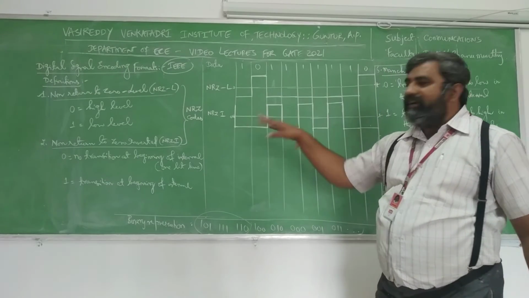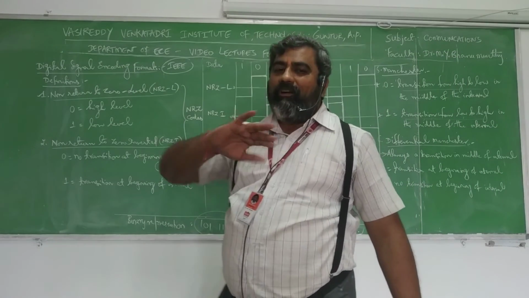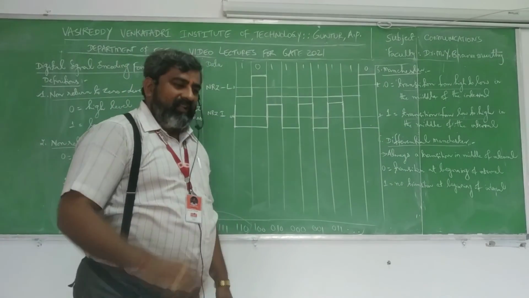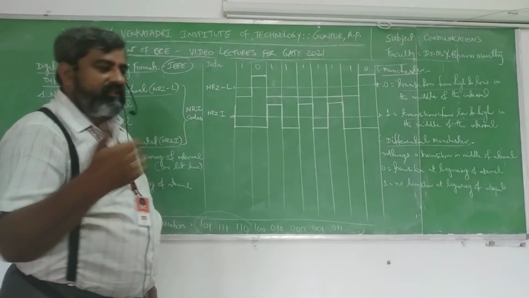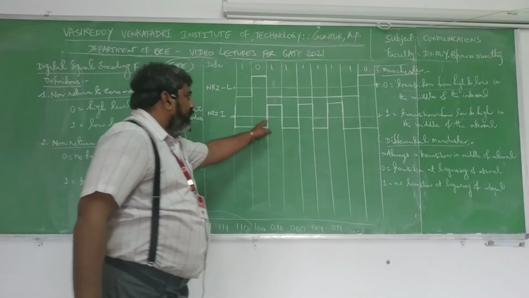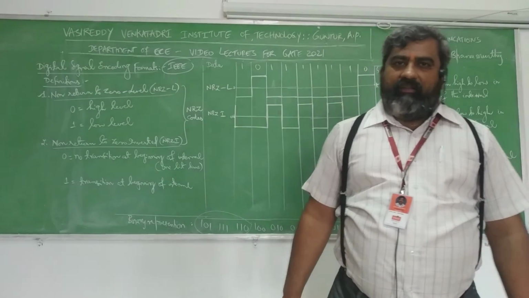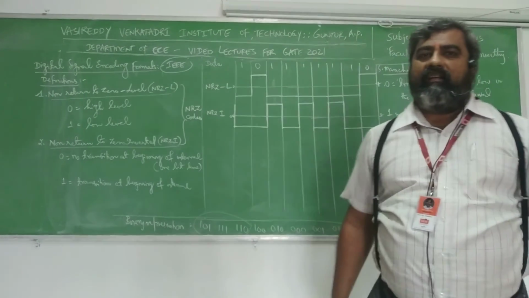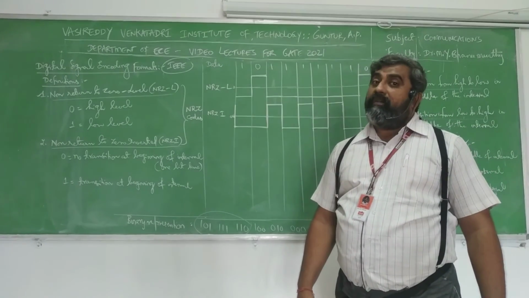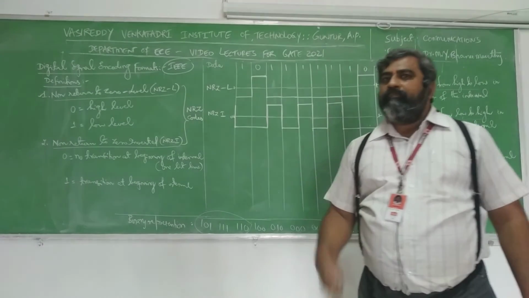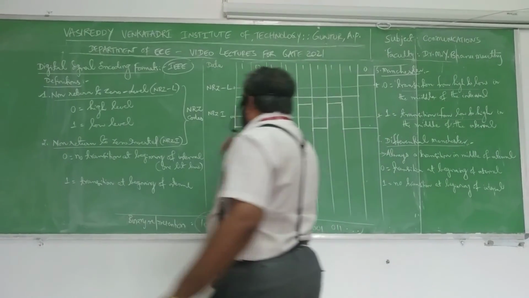That's why it's called non-return to 0 inverted. It means even though the signal is inverted, you can still recover the data based on the transition at the beginning of the interval for bit 1 and no transition at the beginning of the interval for bit 0. So that is the interesting thing that you have to understand here.